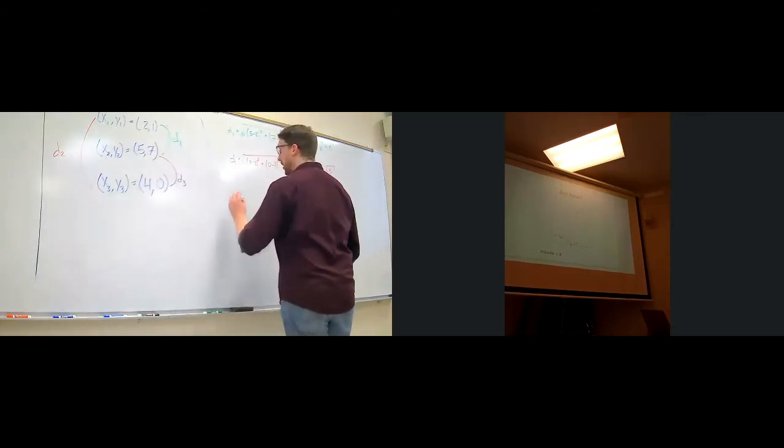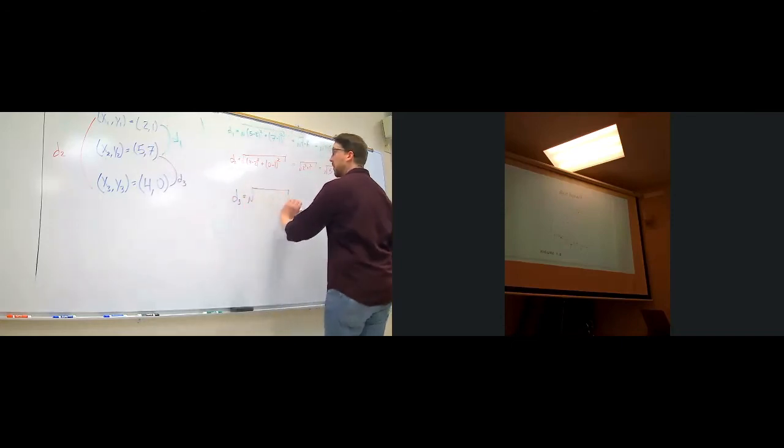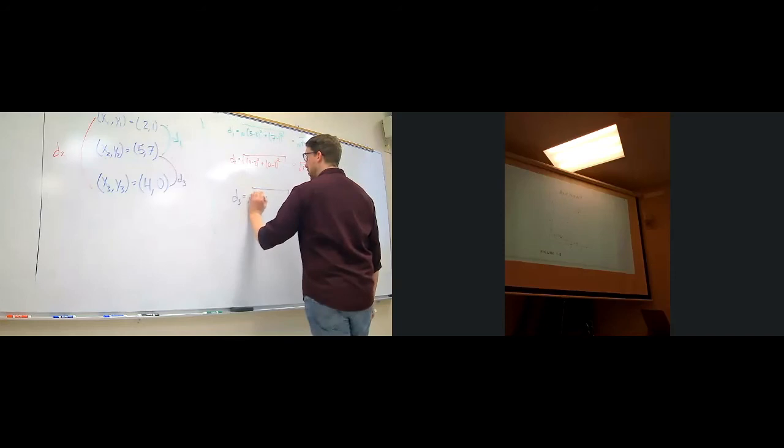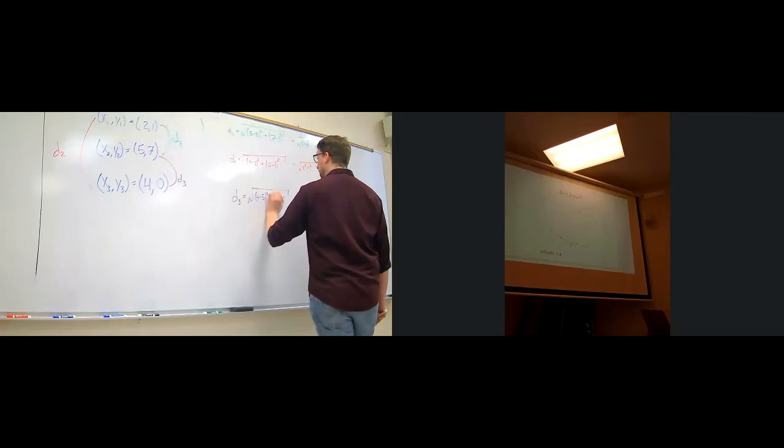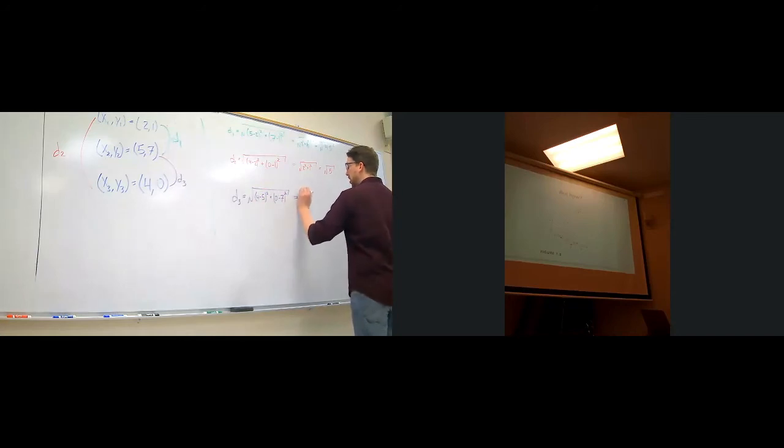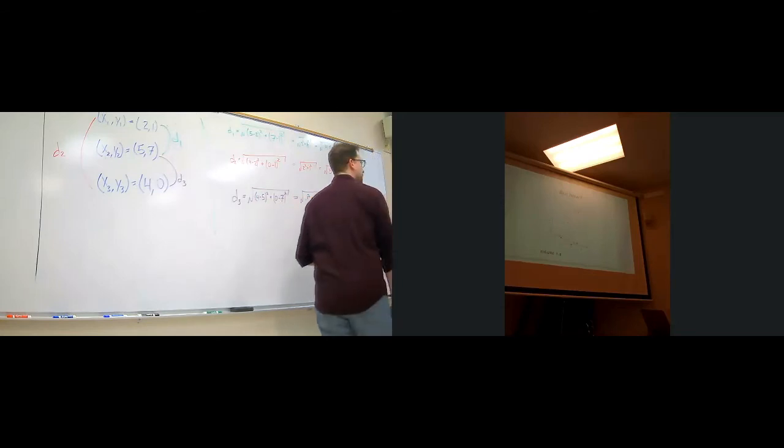Okay. So now we have a choice of how we're going to solve D3. We could use the same formula to solve D3. Let's do that real quick. D3 is equal to the square root of 4 minus 5, that quantity squared, plus 0 minus 7, that quantity squared, which is equal to the square root of 1 squared plus 7 squared, right?